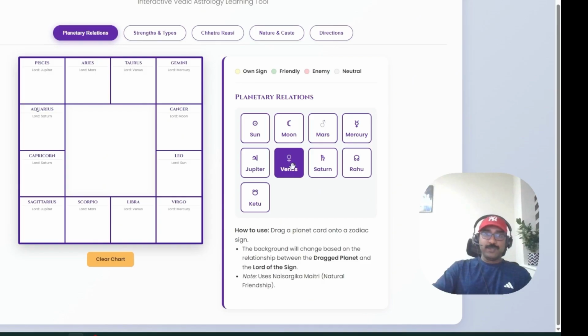Venus is friendly to Mercury, Mars, Sun, and Jupiter, and also to its own house.